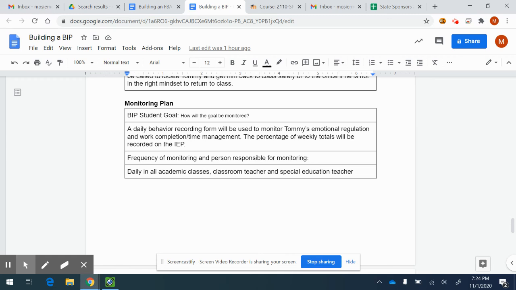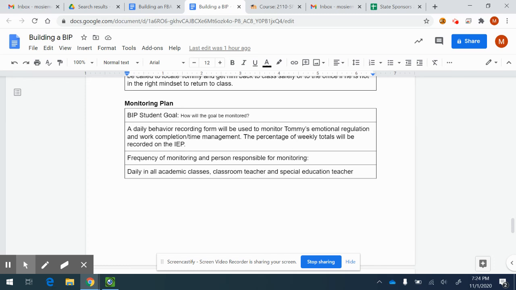And I put classroom teacher down because it's not always just one teacher. He does have another science teacher that he goes to. If he would switch out of the LP class for any reason, it would be up to whichever teacher he's in at that time. That teacher is the one that's going to be recording at the end of the class period whether or not he was able to demonstrate emotional regulation or whether or not he turned in the assignment on time that he was given.